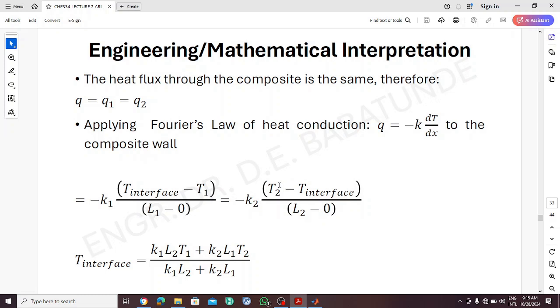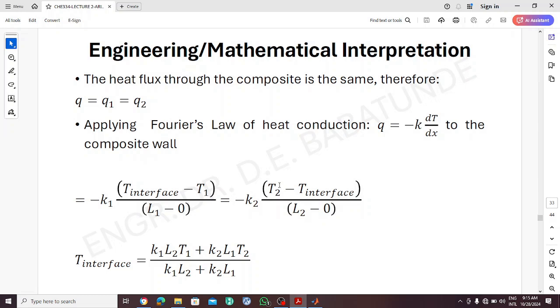Q equals minus K1 times (T interface minus T1) divided by L1, or equals minus K2 times (T2 minus T interface) divided by L2. Once you get your T interface, then you can calculate your heat flux.